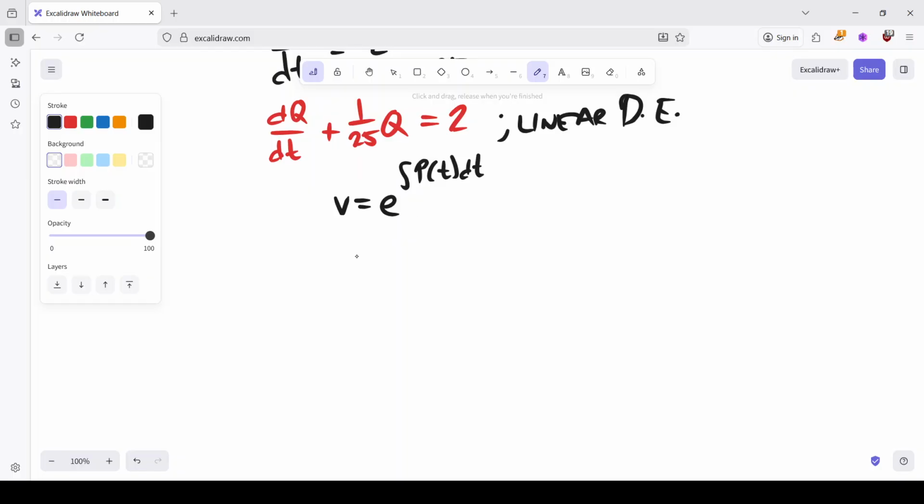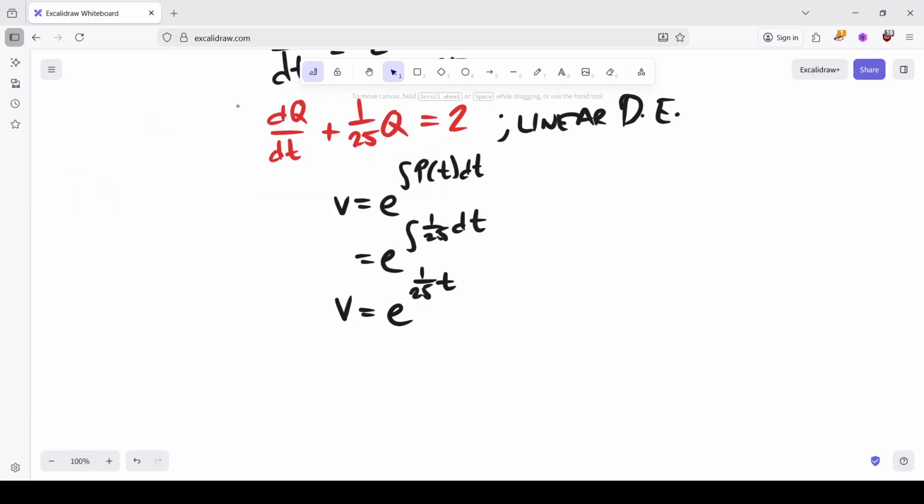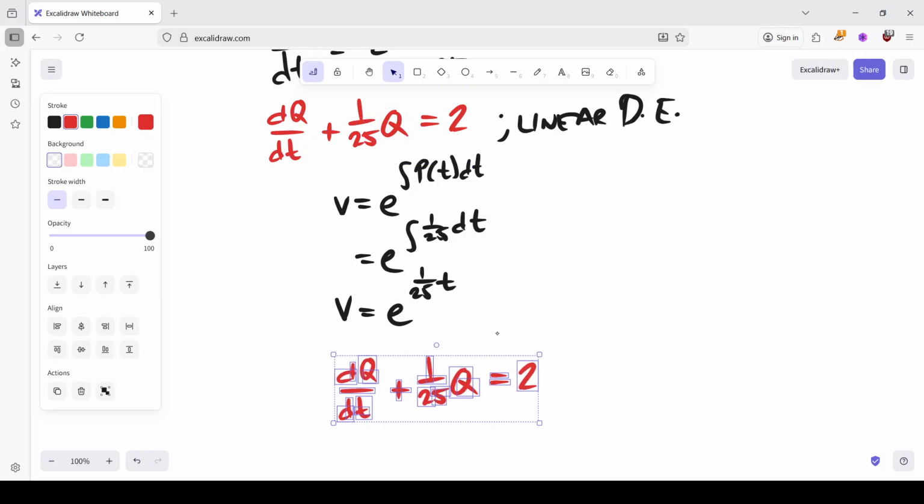Our p is 1 over 25, so v is e raised to 1 over 25 t. Then we multiply this to our linear DE.